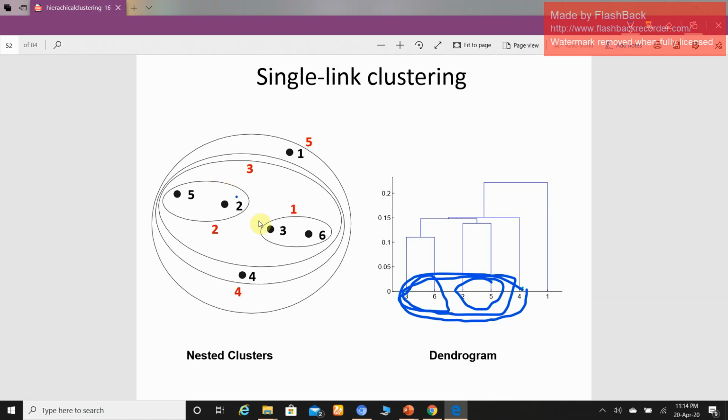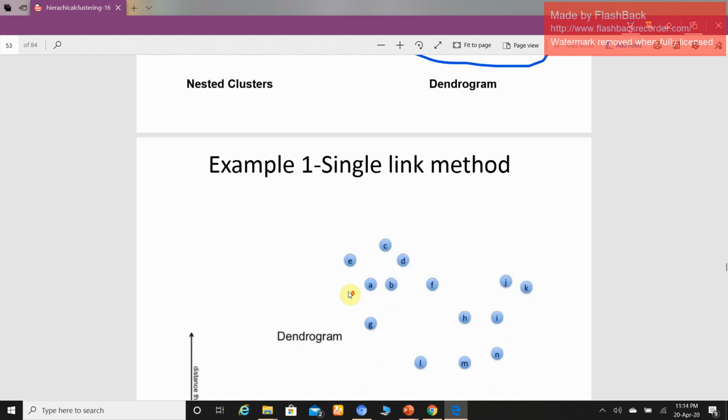That is this one, the third cluster. The fourth cluster is 4 and 3, 6, 2, 5 in one cluster. Next, fifth cluster, 1, all are in one cluster. That is nested clusters. This is single link clustering.